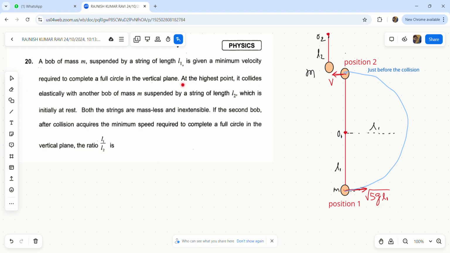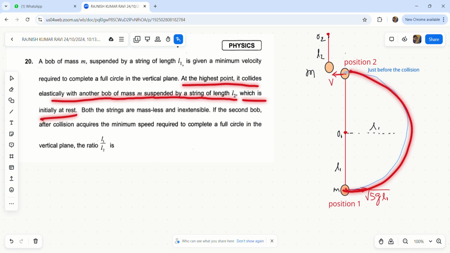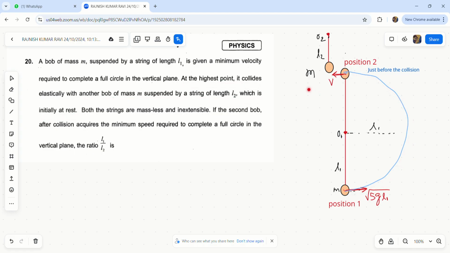Now at the highest point it collides elastically with another bob of mass m suspended by a string of length L2, which is initially at rest. When this mass comes to position 2 at the highest point, it undergoes an elastic collision with another identical mass m, which is also suspended from a string of length L2 from this fixed point O2.